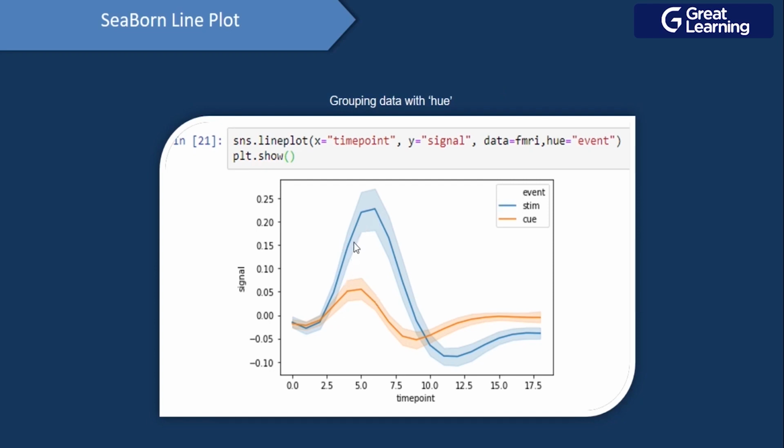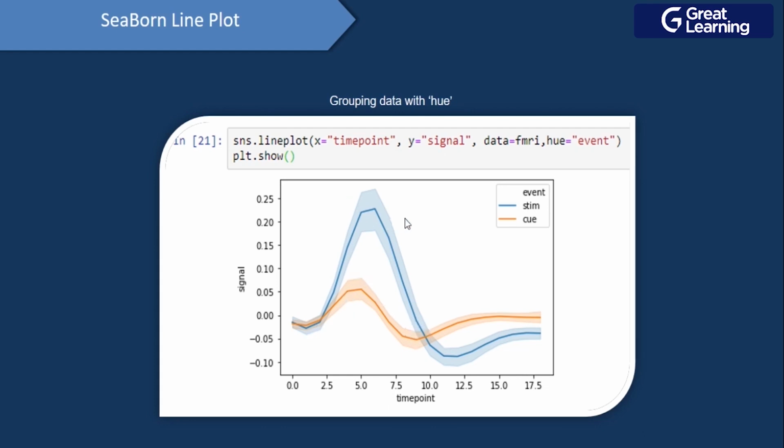If we look at this blue line, you would see that till the time point of 5 seconds, the signal value goes up to maybe 0.2 and then drops down to minus 0.1. Similarly, if we look at the queue event, the peak is not so high. For the stem event it was almost 0.2, and for queue it is only 0.05. But you'd also notice that the drop is not so steep.